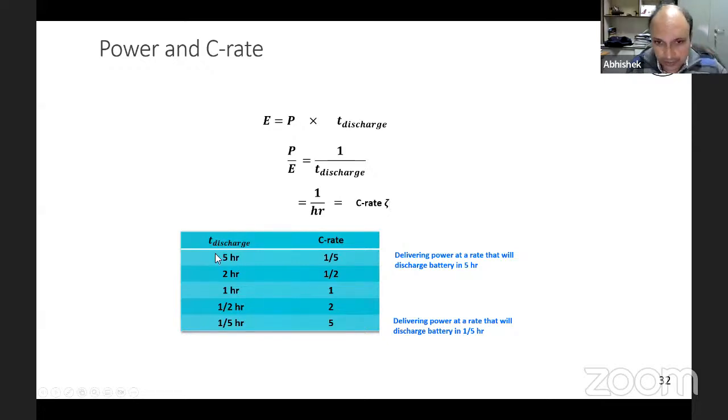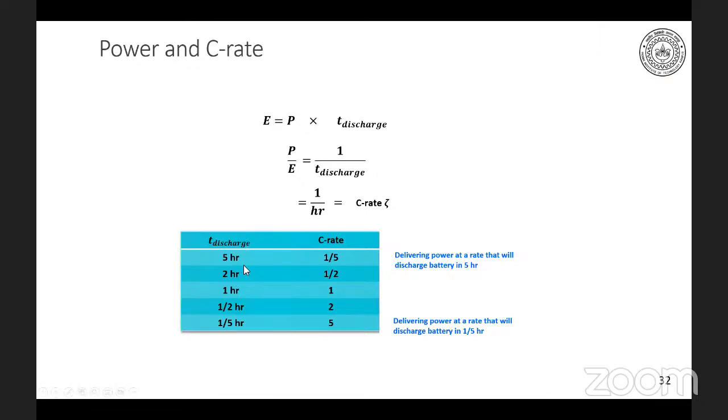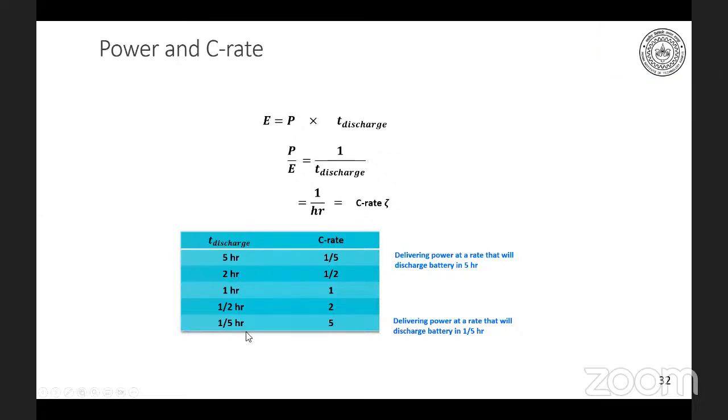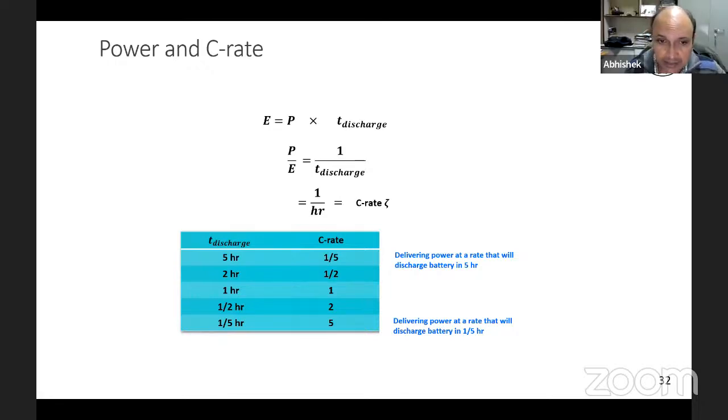So if I take a battery and I extract current from it, or take energy from it, at a rate such that the battery completely drains out in 5 hours, then it has a rating of 1 by 5 C. The same battery, if I extract current from it in a way that it drains out in 1 by 5th of an hour, then it is rated 5C.